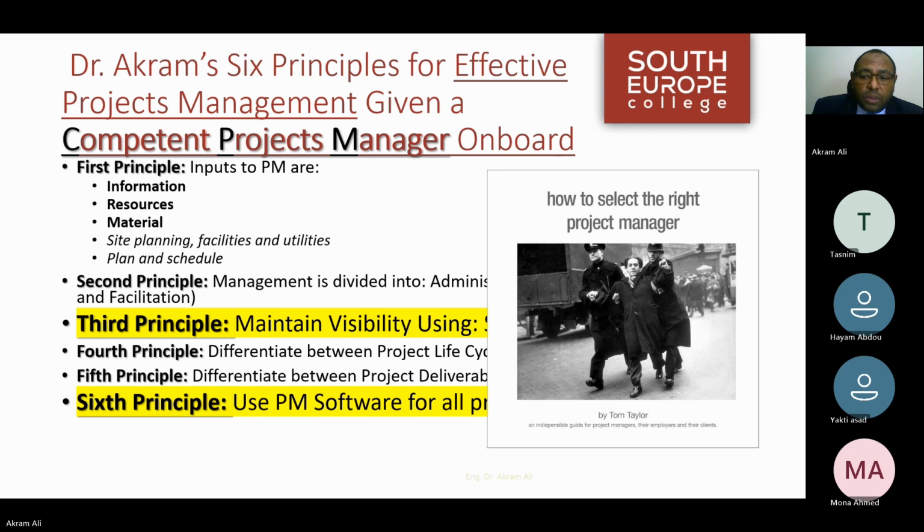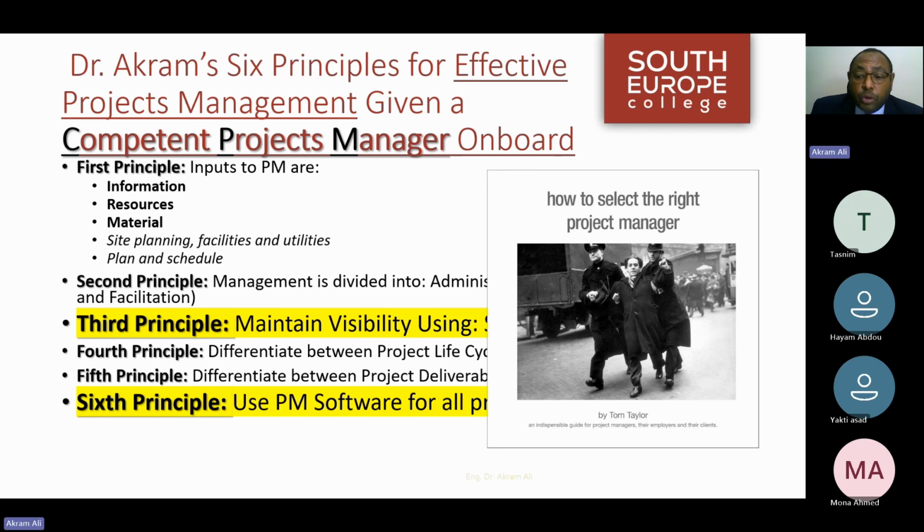So projects are a very risky business, and we need to do whatever we can to reduce such risks. Number one precaution is to hire a competent project manager.